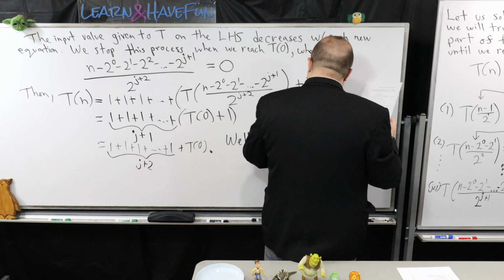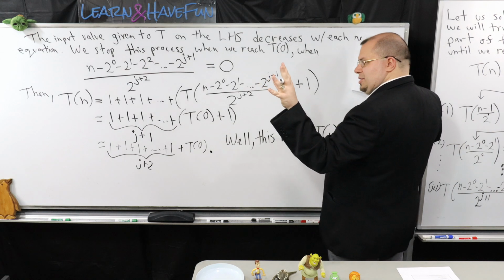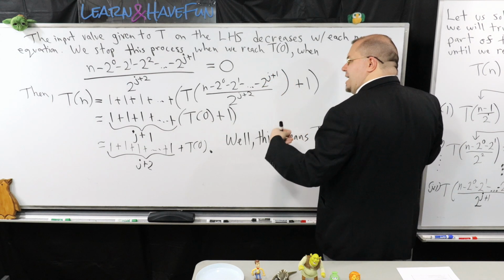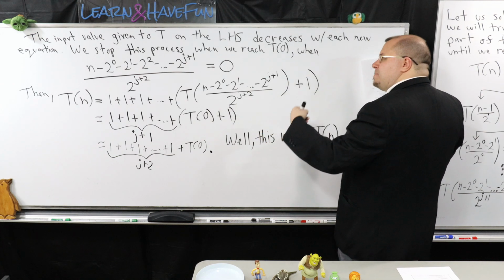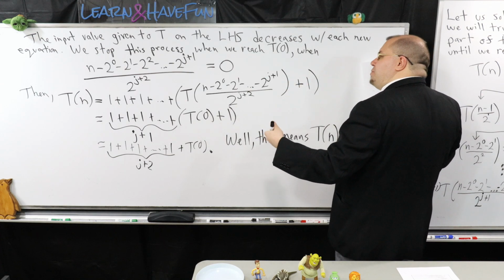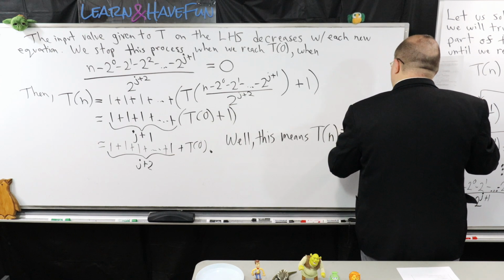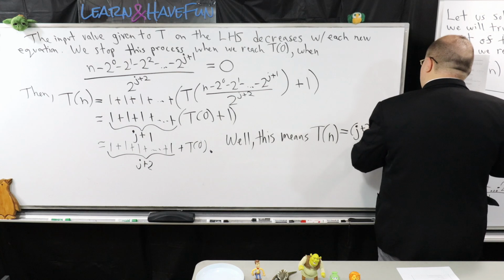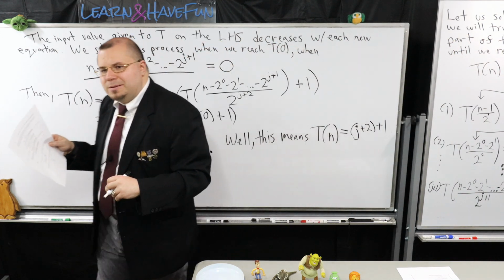This means if we want to come up with our solution, or when we solve the recurrence relation, i.e. the expression that represents, as a function of n, the same value as the recurrence relation, it'll be j plus 2 plus 1. I'm going to keep this plus 1 just outside of here to keep things a little easier for me to play around with.